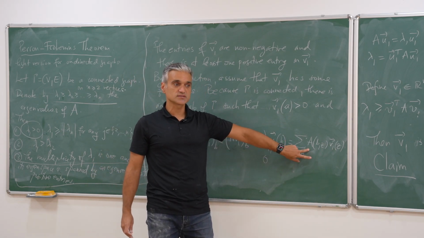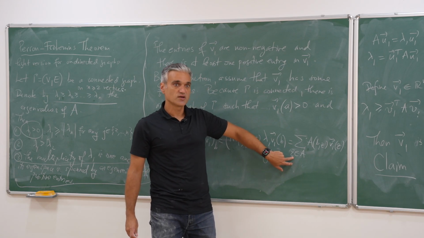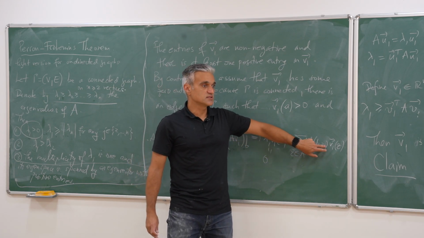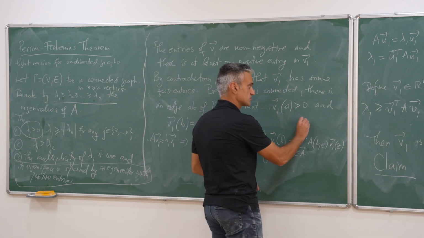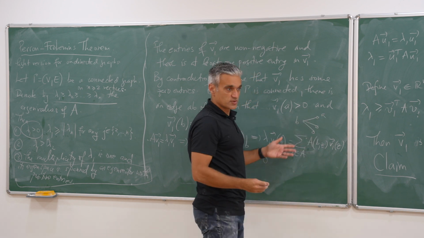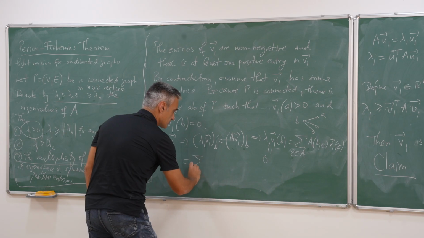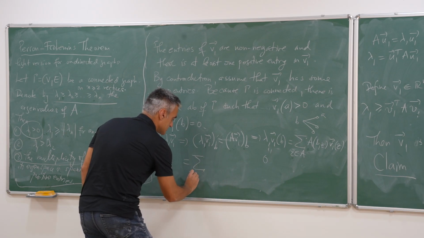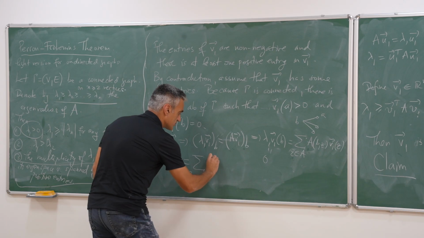So the only Z's that survive in this sum are the Z's where A_BZ is 1, and those are the ones that are adjacent to B. There could be more. So this is going to be the summation over all Z adjacent to B of V1 of Z.